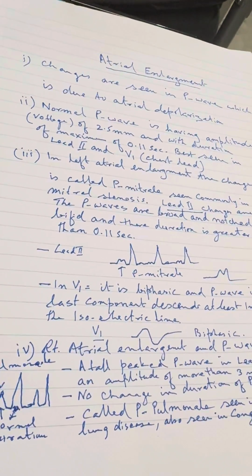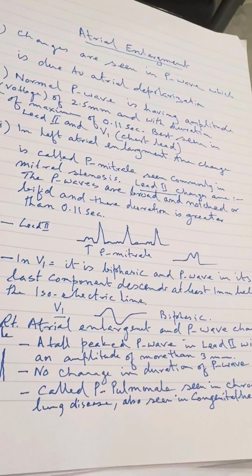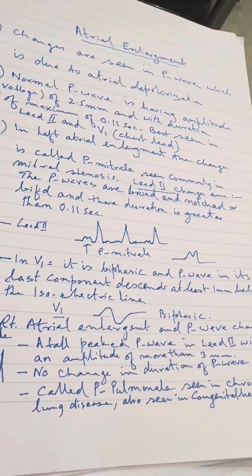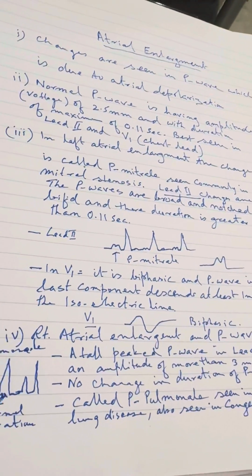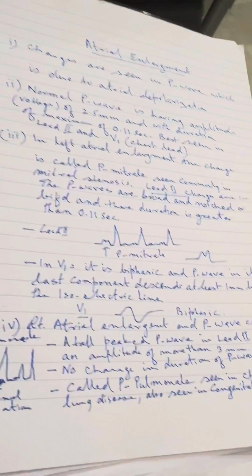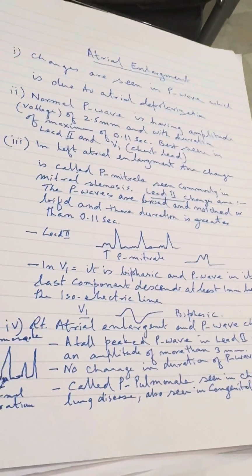pointed, peaked P wave in lead 2, and the amplitude of the P wave will be more than 3 millimeters. But there is no change in the duration of the P wave. Duration of the P wave remains normal.